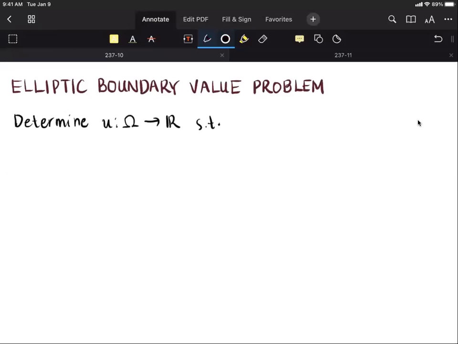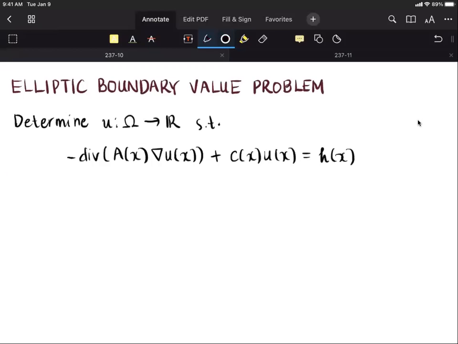So here we have the negative divergence of some matrix valued function A times the gradient of u plus some function C times the unknown function u equal to some h of x for x in omega.